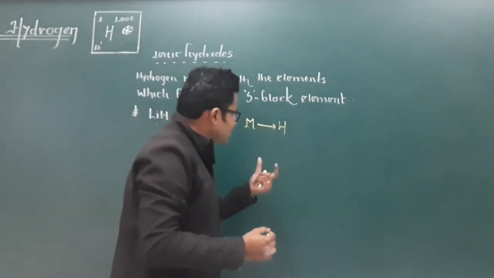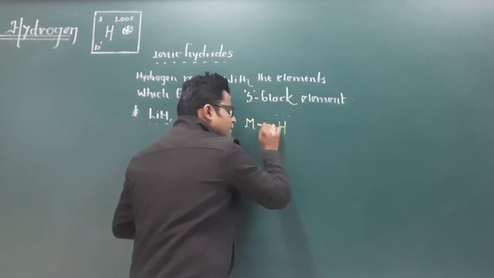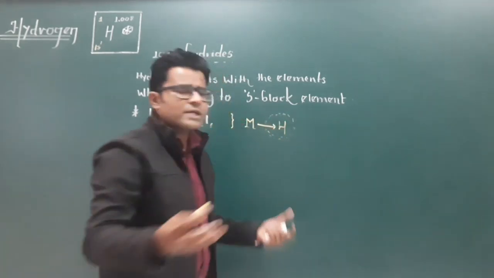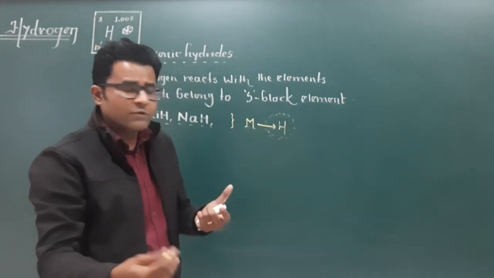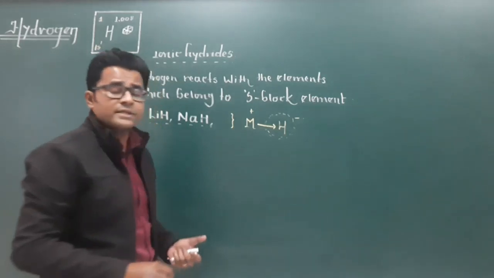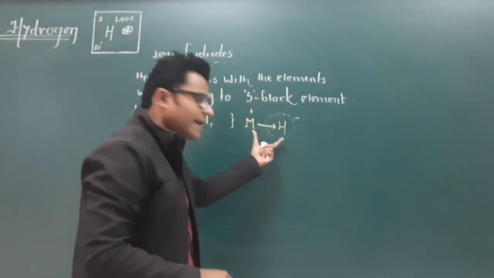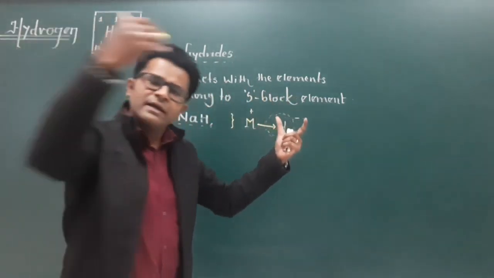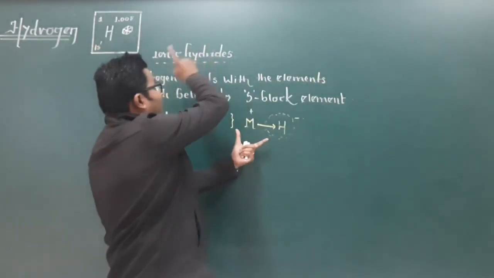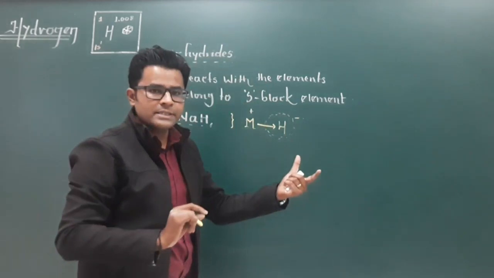As a result, this hydrogen develops a negative charge, and this is going to be the positive. As these hydrides generate positive and negative charges, we call them ionic hydrides.